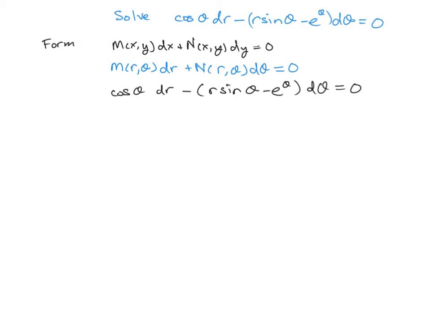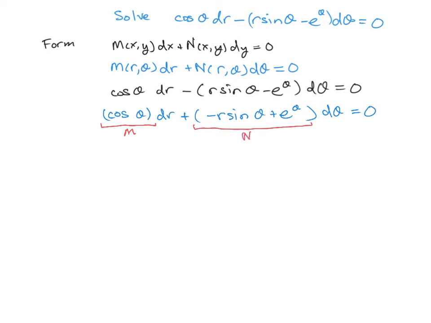So writing it over again, this is going to be cosine of theta, which is your coefficient on dr, plus negative r sine theta plus e to the theta times d theta is equal to 0. So this cosine of theta is your capital M, and then this term back here is the capital N. Again, don't fall into the trap where you have that minus sign there and you forget to relabel this. So now let's go in and take our partial derivatives.